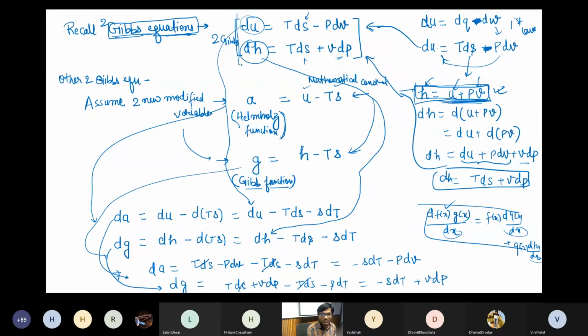Freshly let me write all 4 Gibbs equations. So this is my 2 Gibbs equations, and this is my other 2 Gibbs equations in the form of the Helmholtz function and the Gibbs function.